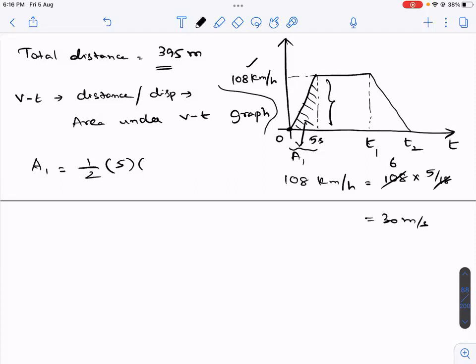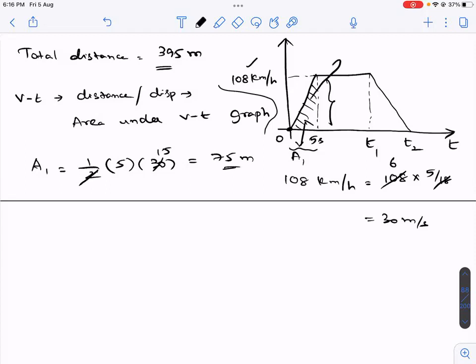You substitute that value there and calculate the value of A1 and tell me. So if you substitute A1 here, it is going to be 30, it is going to be 15, it will be 75 meters.